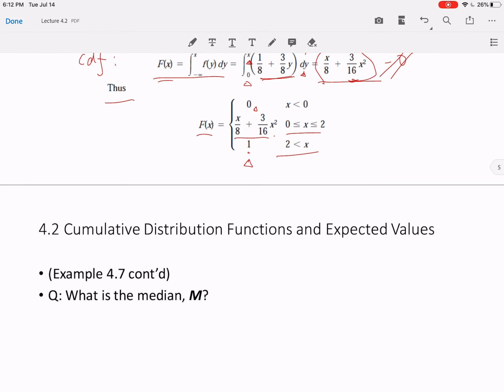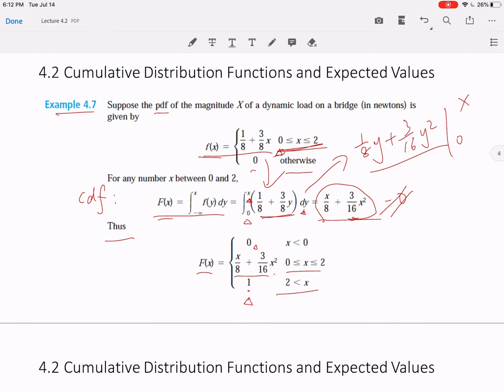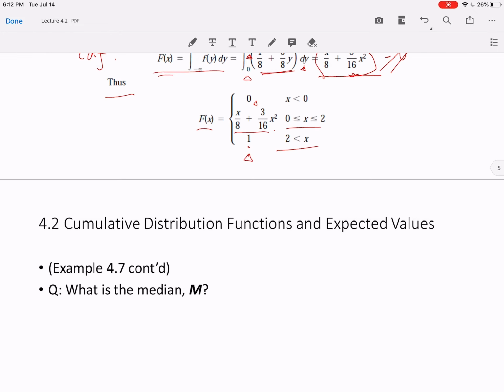This is the continuation of the example for point 7. It is asking: what is the median of the data set? We're looking for the median m. If we want to find the median, we gotta know what the median is.